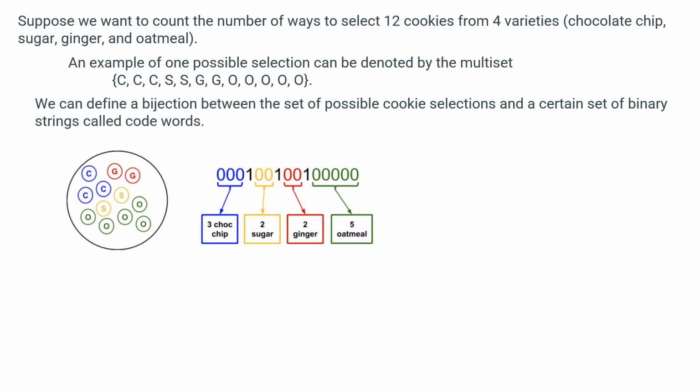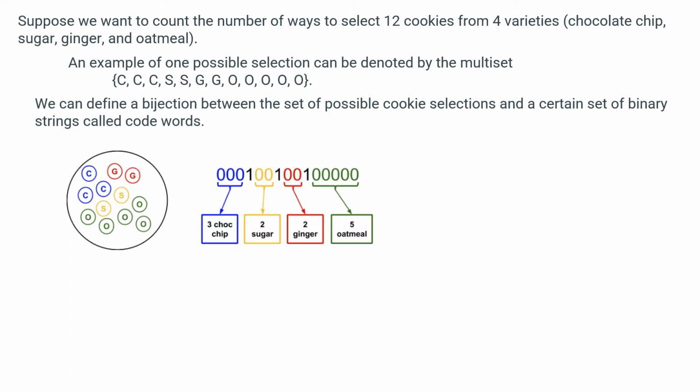So how could we come up with a correspondence between a situation like this and binary strings? Well, here's how we would do it. Take a look at this binary string over here on the right. As you see in the multiset up above, I've listed the chocolate chip cookies first, then sugar, ginger, and oatmeal.